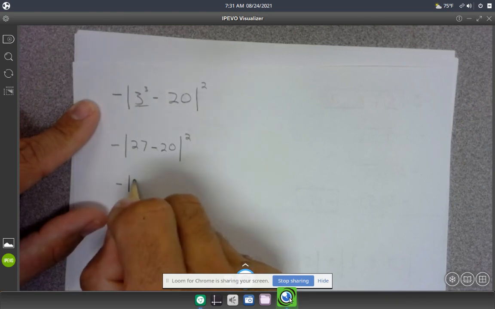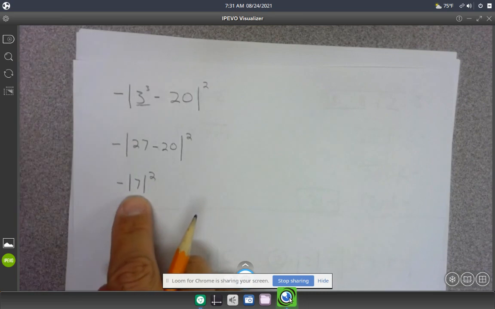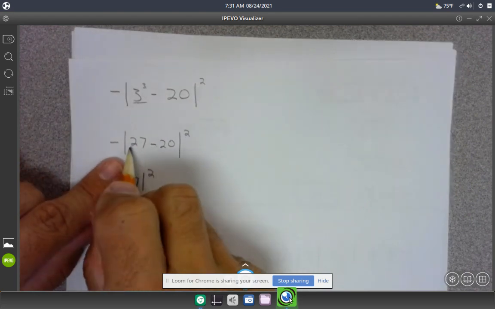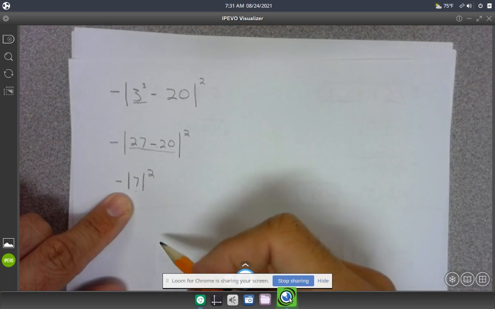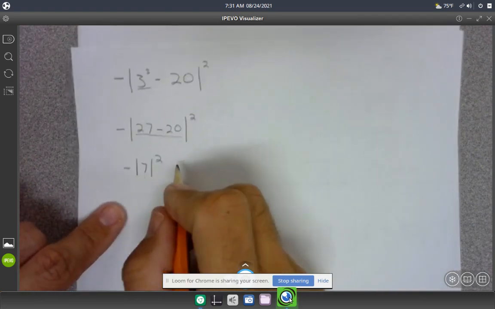I know I'm writing this extra step here. I mean, this thing's already positive. I guess you don't really have to put this, but I'm putting it. Anyway, I evaluated what was inside the absolute values. That gave me 7. The next thing I would do is actually do the absolute value, which keeps it a 7. It's still going to be a 7.